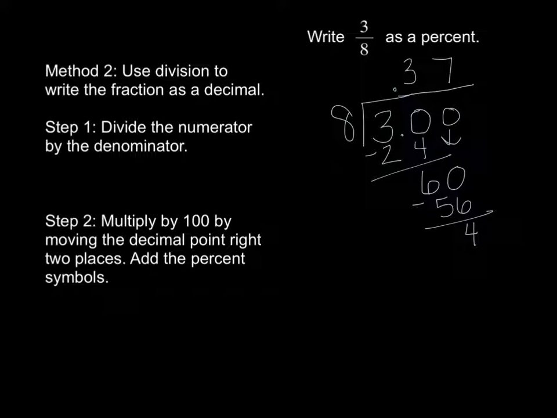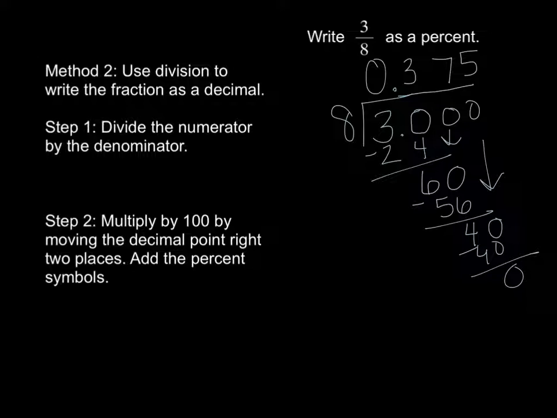So we have 4 left over. Add another 0, bring it down. 8 goes into 40 5 times, and it's exactly 40. So we're left with a 0, nothing left over. So my division here is 375 thousandths.